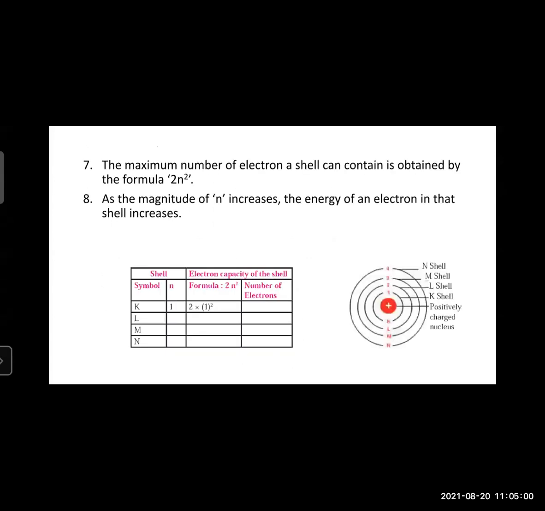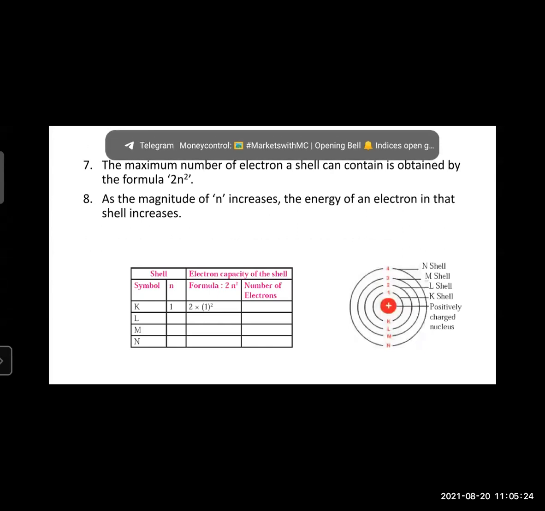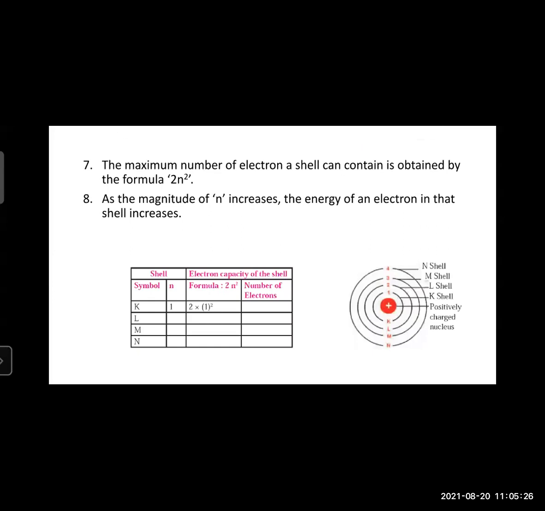The maximum number of electrons a particular shell can contain is obtained by the formula 2n squared. As the magnitude of n increases, the energy of an electron in that shell also increases. Now we will calculate.